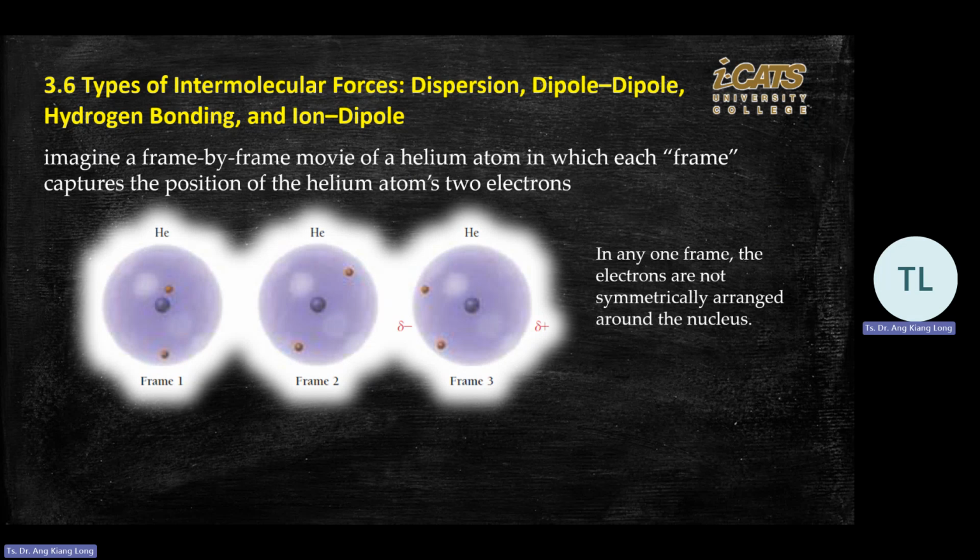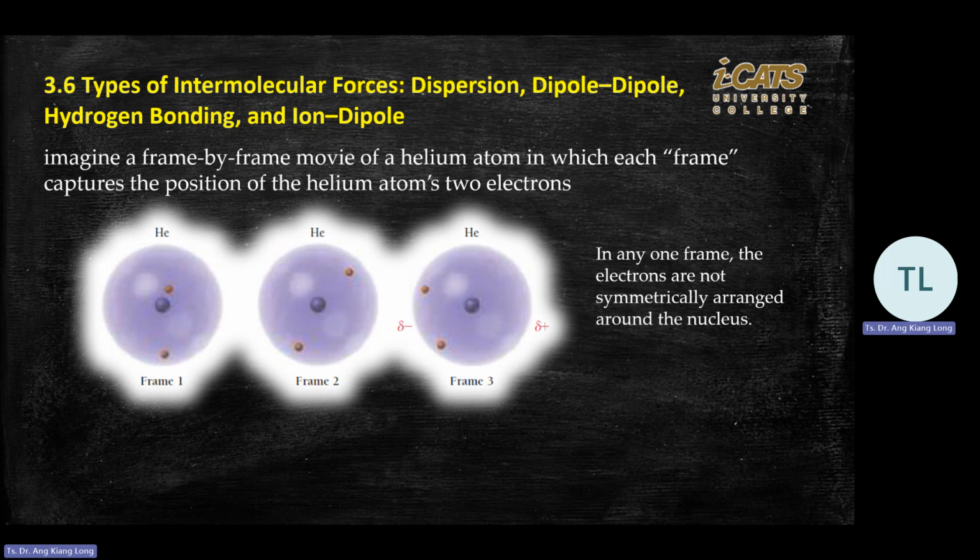So this is a helium. Here you know that it is now arranged asymmetrically around the nucleus. The middle one might seem symmetrical, but it's not. Why? If you draw a straight line, one of the two orange dots here is not aligned in a straight line.